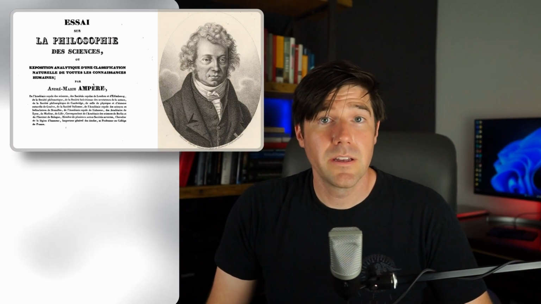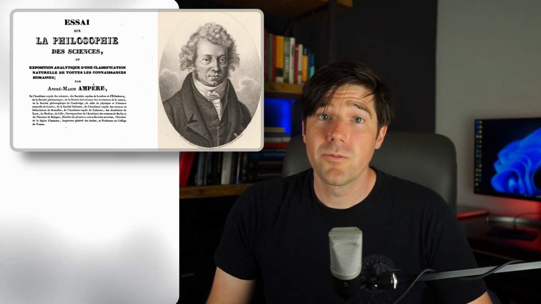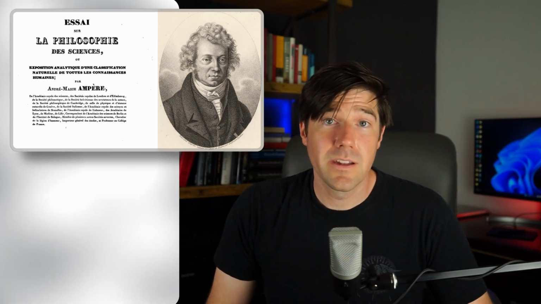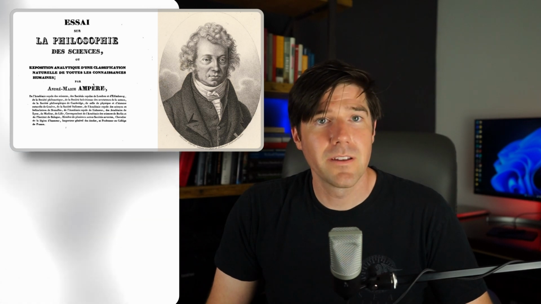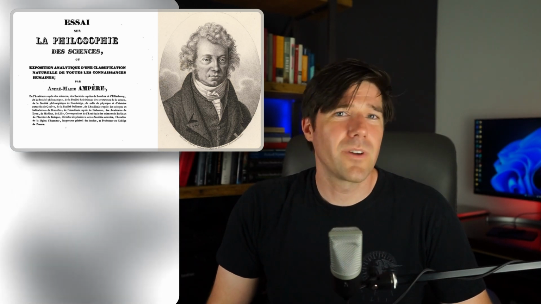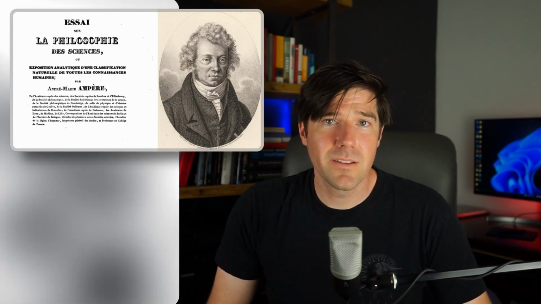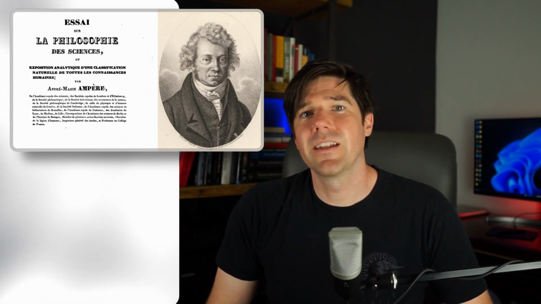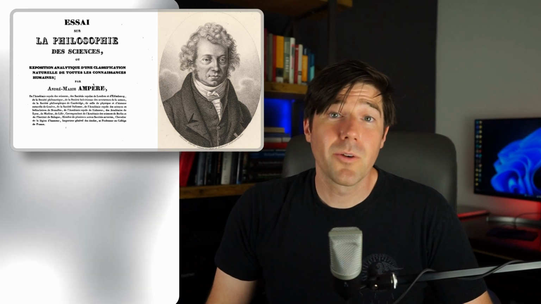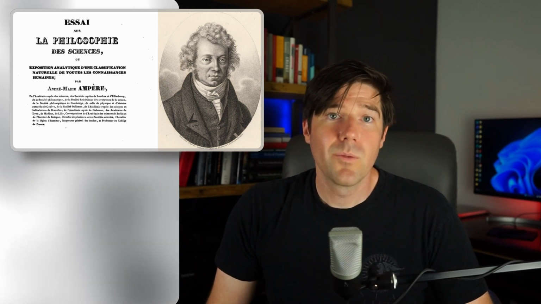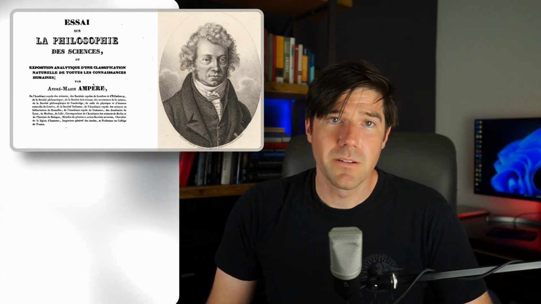Kinematics is a name of French origins and was first coined by the Frenchman André-Marie Ampère, who is most known for formulating Ampere's law in electromagnetism, as well as having the SI base unit of current named after him. While his greatest impact was in electromagnetism, a little-known fact is that in his work, Essay on the Philosophy of Science, he also helped coin the word kinematics, where he derived the root from the Greek word kinema, meaning movement.